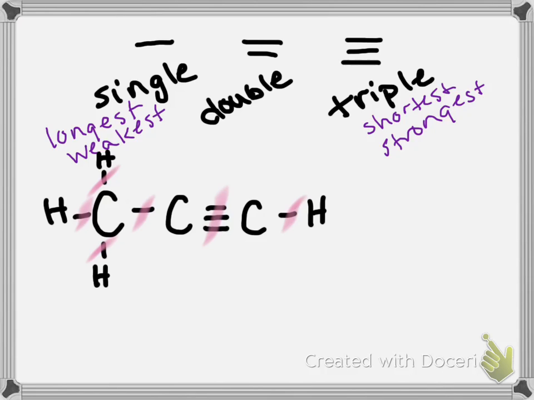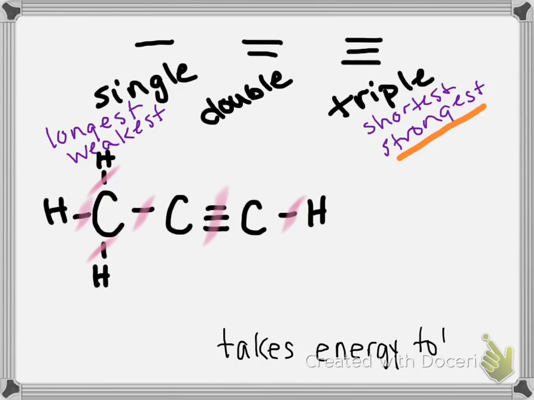Okay, so you need to know that single bonds are the longest and the weakest, and that triple bonds are the shortest and the strongest. The other way that you will see this represented on your midterm is that if something is the strongest, then it's going to take the most energy to break.